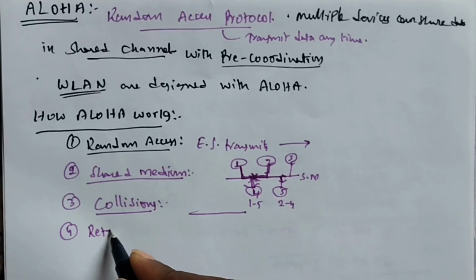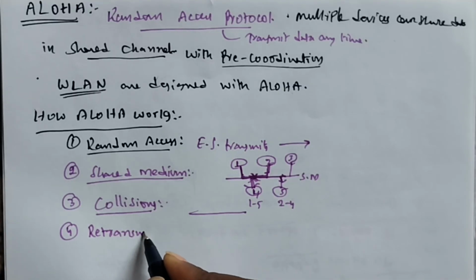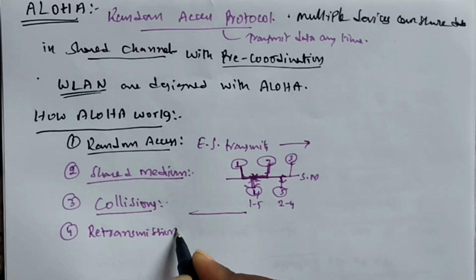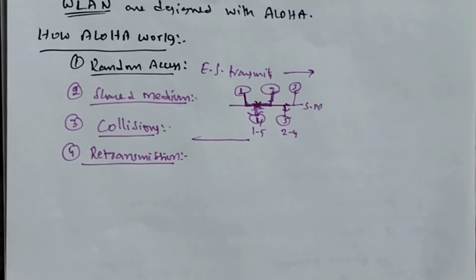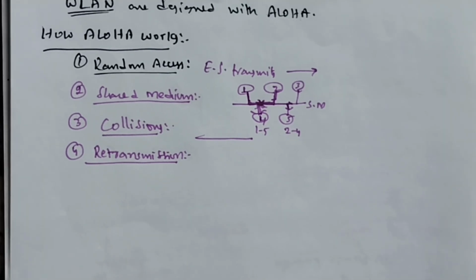And the fourth one is retransmission. What is the meaning of retransmission? When a collision occurs, the affected stations wait a random period of time before retransmitting their corrupted frames, hoping for a clear channel.